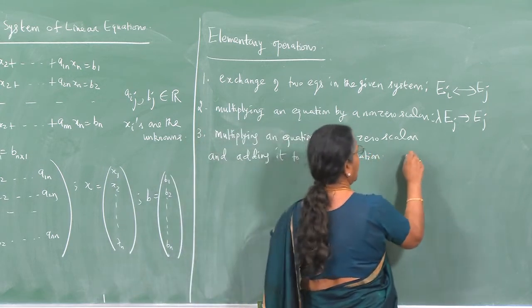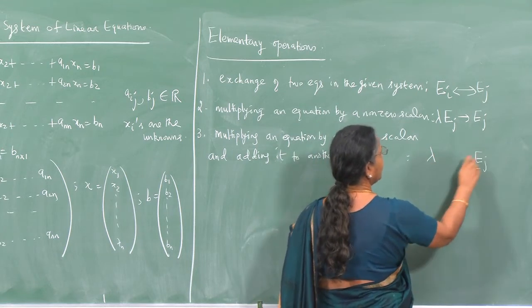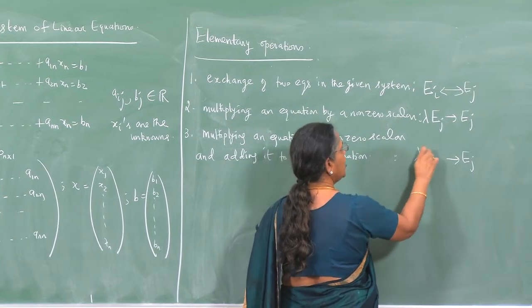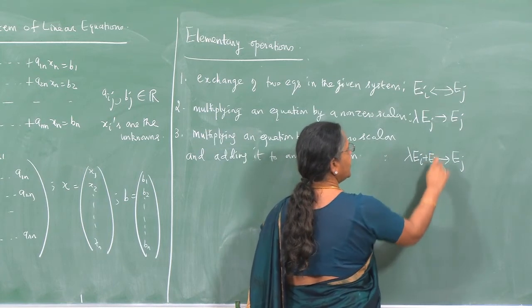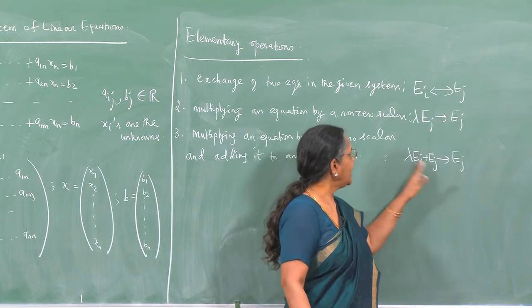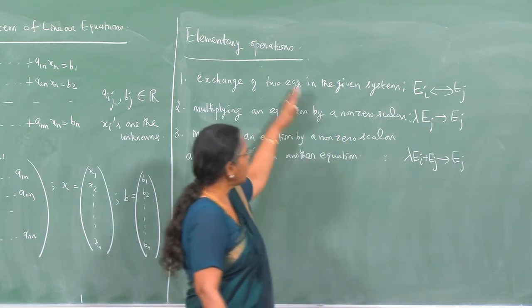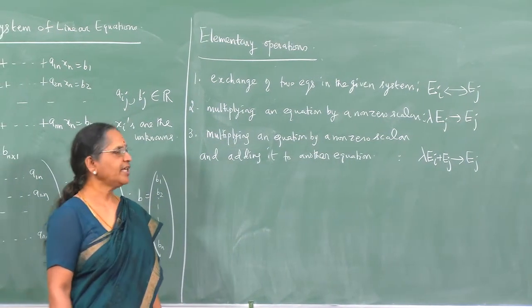Namely, I consider the equation Ej and multiply an equation Ei by lambda and adding it to Ej and replacing this Ej by lambda Ei plus Ej. So, any one of these operations is called an elementary operation.